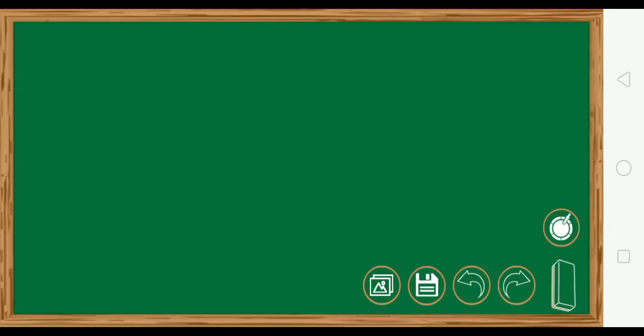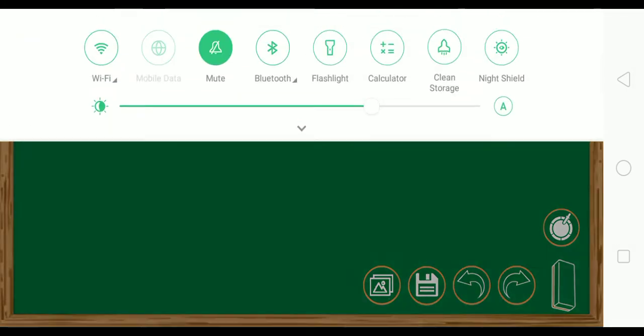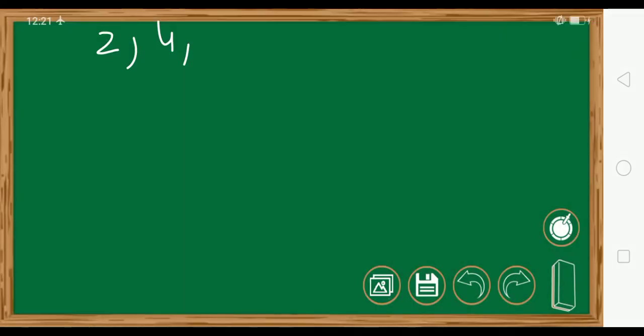Now suppose you have been given a series like this, 2, 4, 6, 8 and so on, and the last number is 222. Now after this there is no number, the series is only so much, and now you are told to add all the terms.